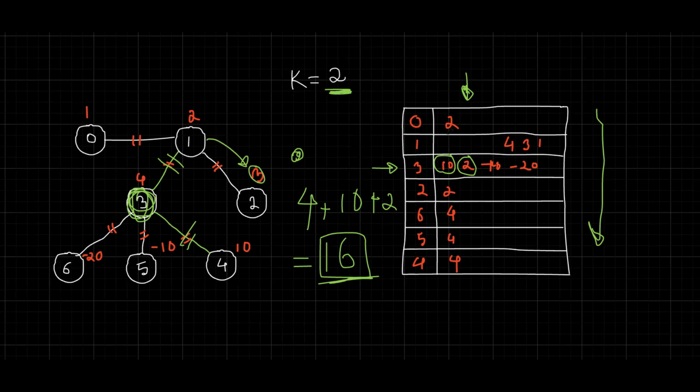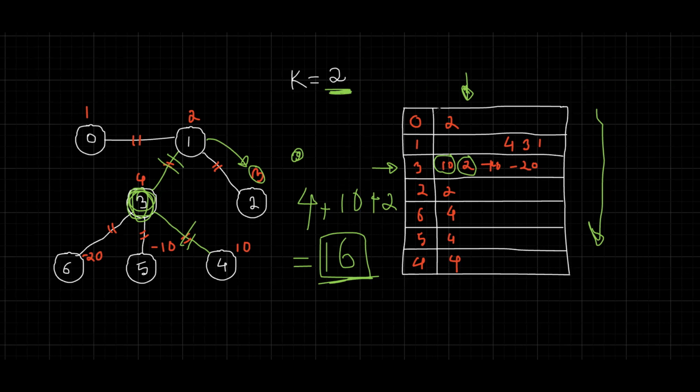So after building the adjacency list, we have to sort in reverse order, so that the maximum value will be stored in the top positions and the minimum value will be stored in the bottom positions.